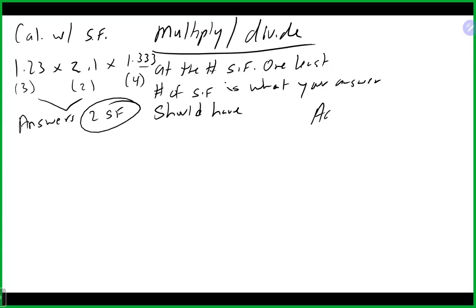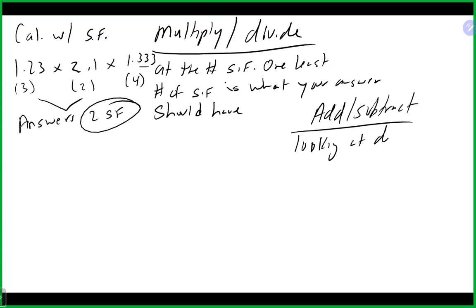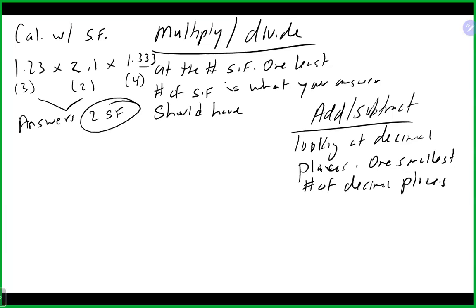Again, when we add or subtract, we are looking at decimal places. And again, it is the one with the smallest number of decimal places that is what your answer should have.